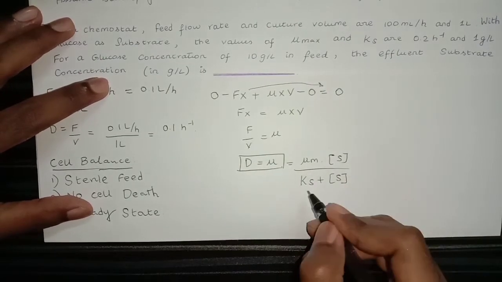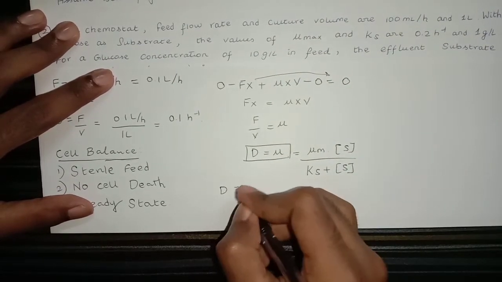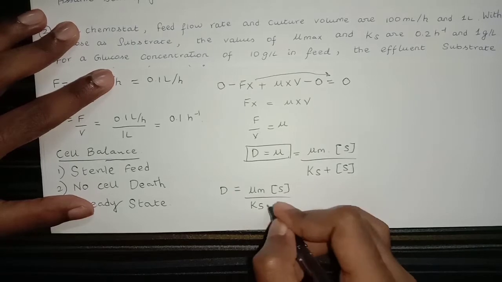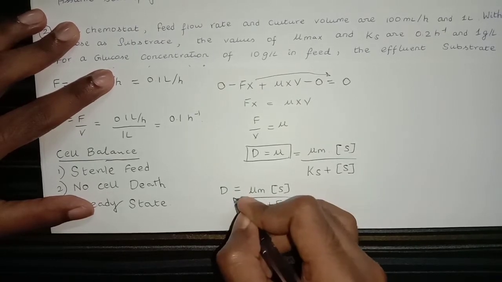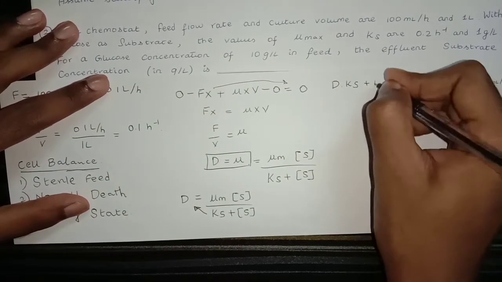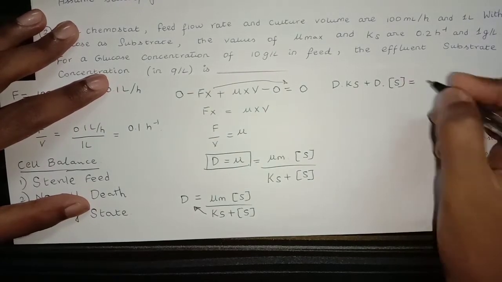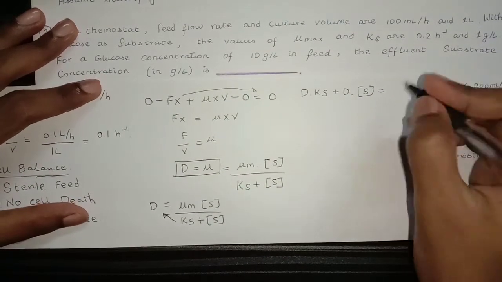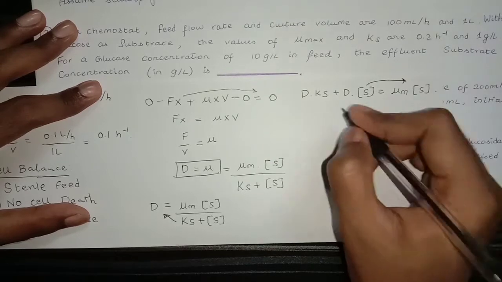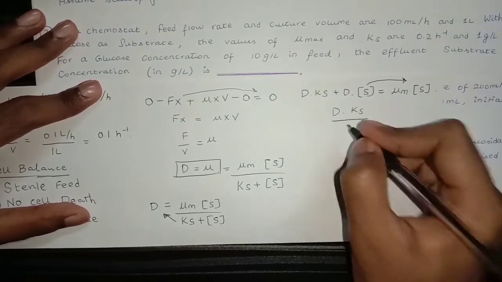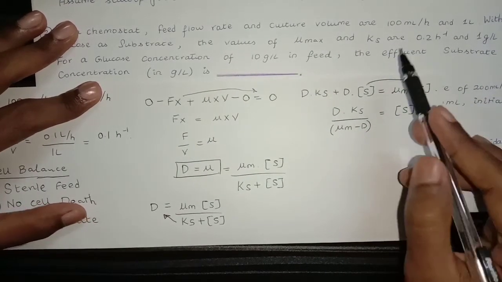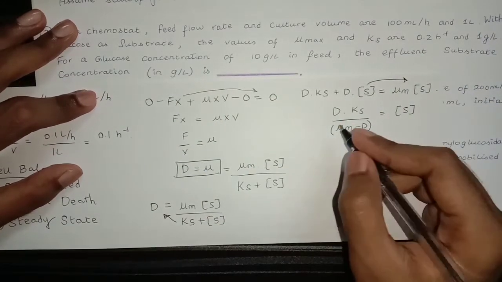Therefore, D is equal to mu max S by Ks plus S. So D times Ks plus D times S is equal to mu max times S. So D times Ks divided by mu max minus D is equal to the substrate concentration, which is nothing but the effluent substrate concentration.